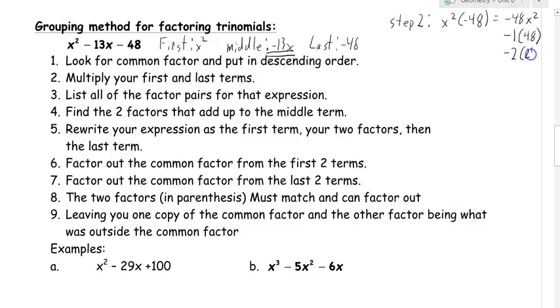Negative 2 times 24. Negative 3 times 16. Negative 4 times 12. Negative 5 doesn't multiply by an even number to get 48. It multiplies by a fraction or a decimal. And so we don't care about 5. But what about 6? Negative 6 times 8 is 48.